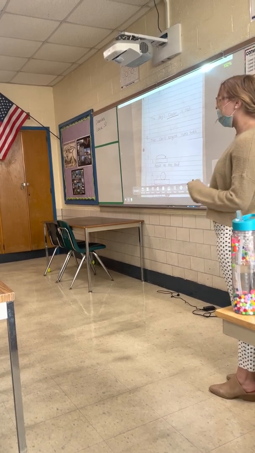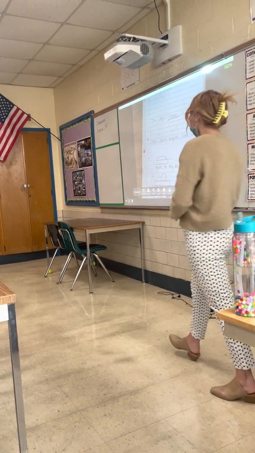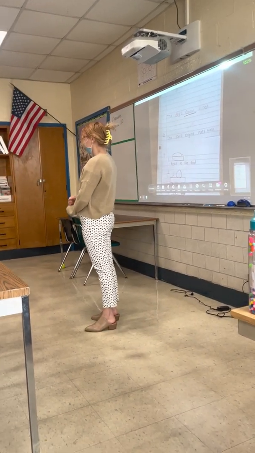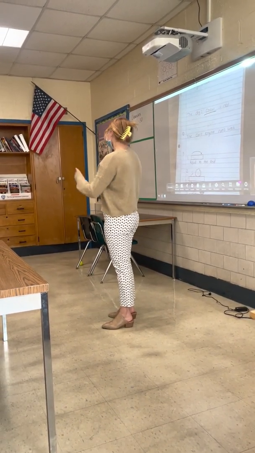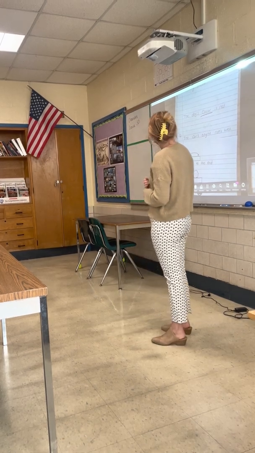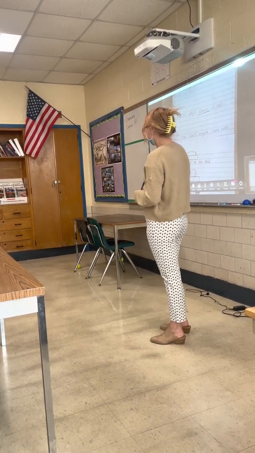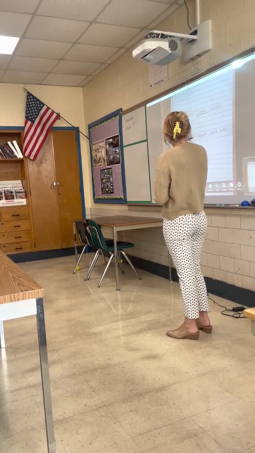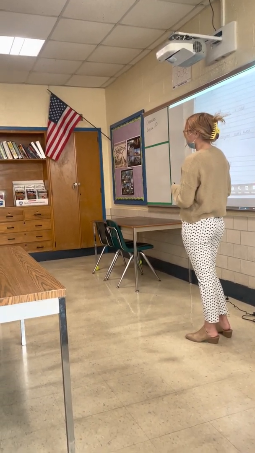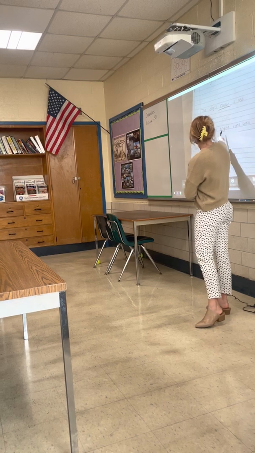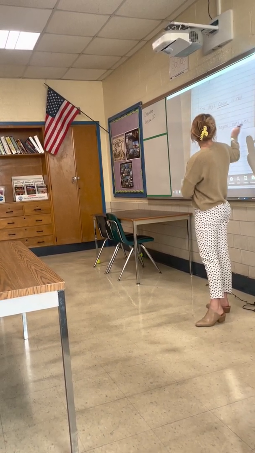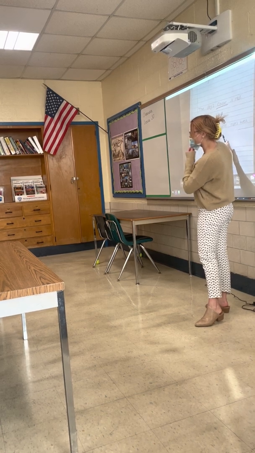Anyone wanna read the third one? Someone from this table. You wanna read it? The car runs well. Yep, the car blank runs well. So you did great on the first step. We read it, we skipped it. Now what are we gonna do next?